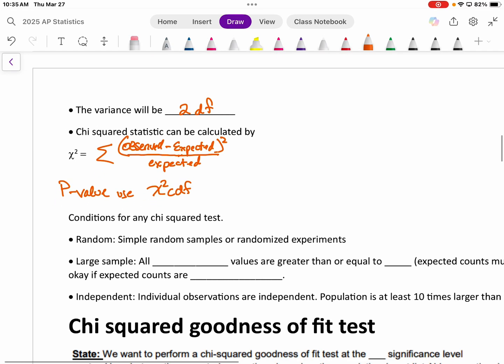Now, conditions for a chi-squared test. First, there always has to be a simple random sample or a randomized experiment. Now, here's where the large sample condition changes. For chi-squared, all expected values, not observed, but expected values, must be greater than or equal to 5.